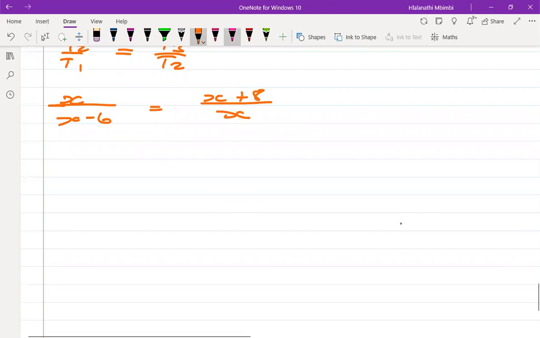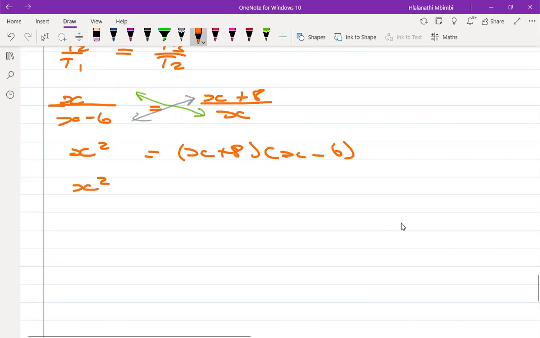You can cross multiply if you've heard of that. You multiply those ones and you multiply those ones. So you would have x squared is equal to x plus 8 times x minus 6.